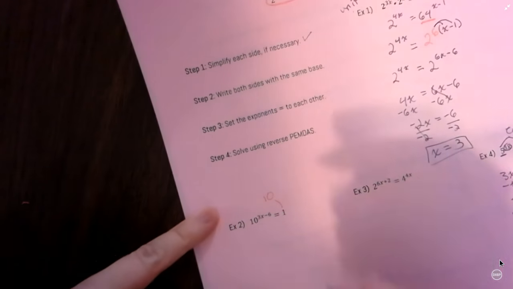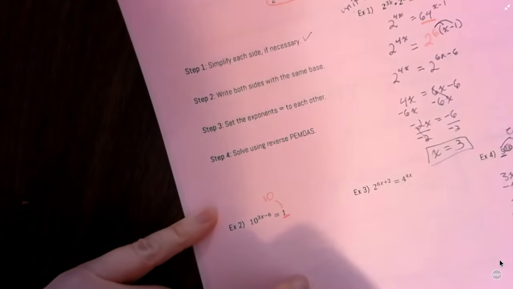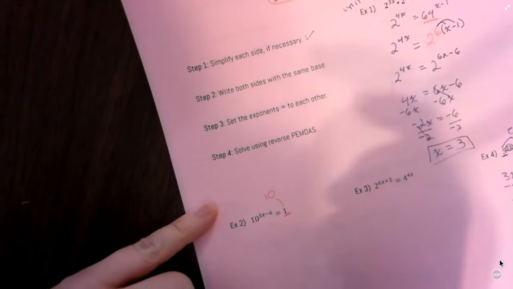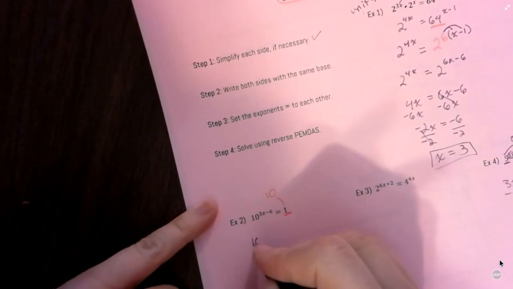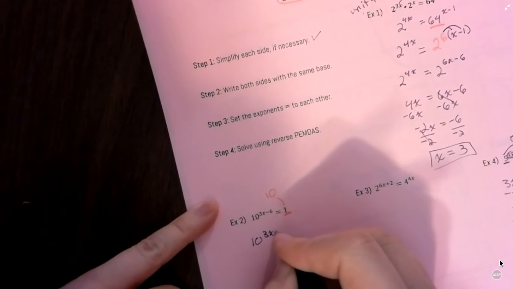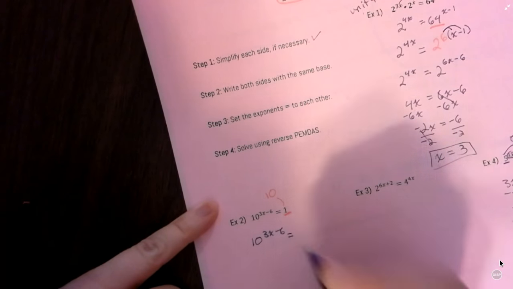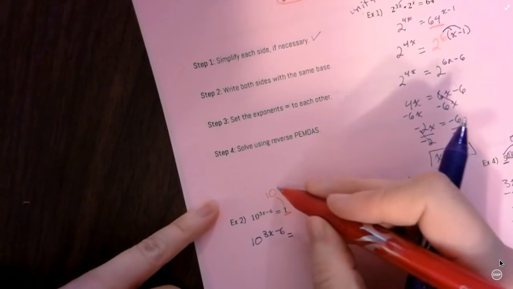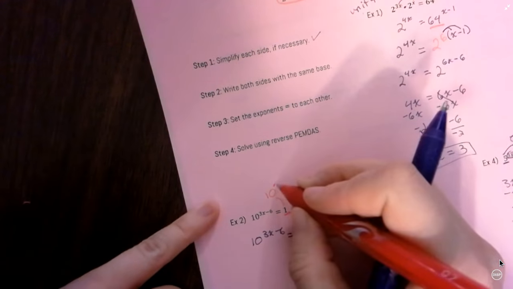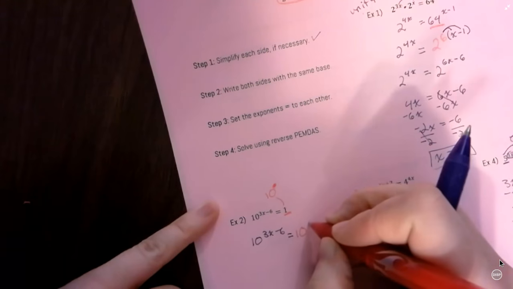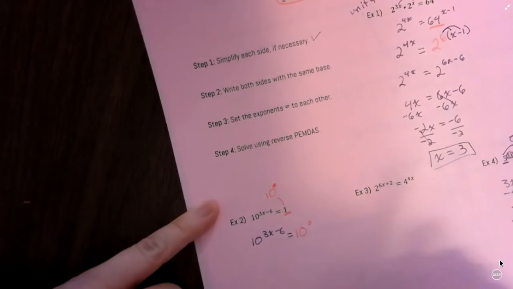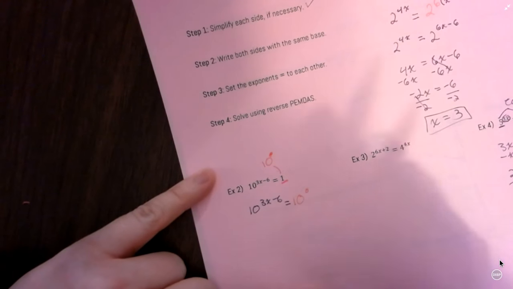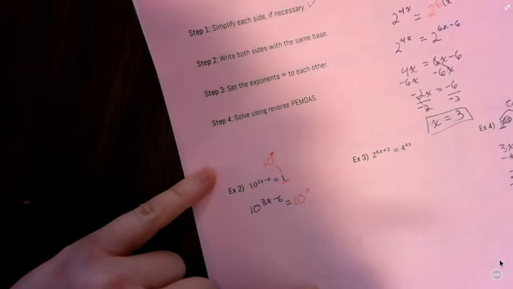So I have 10 to the power of 3x minus 6 equals, well, instead of 1, I'm going to write 10 to the power of 0. Cool? So 1 is really 10 to the 0. So I'm going to make that substitution there.